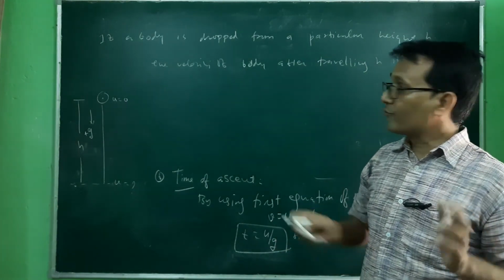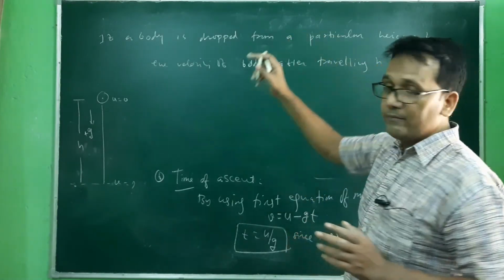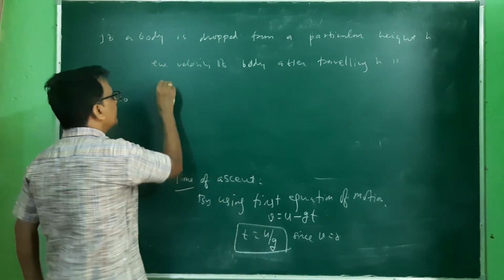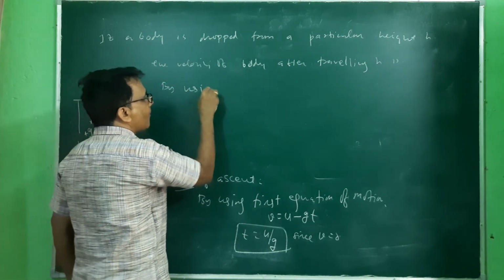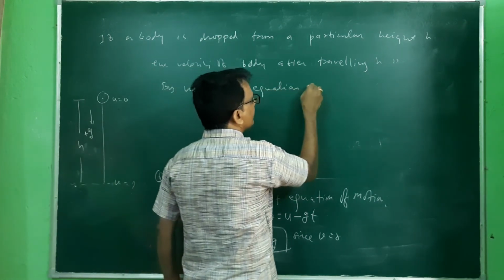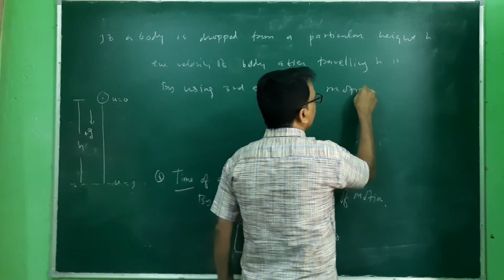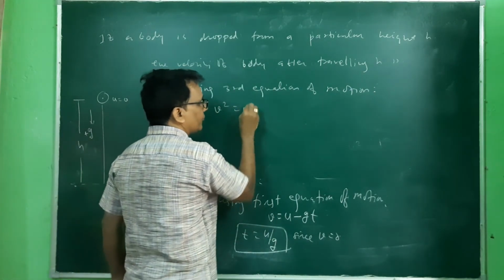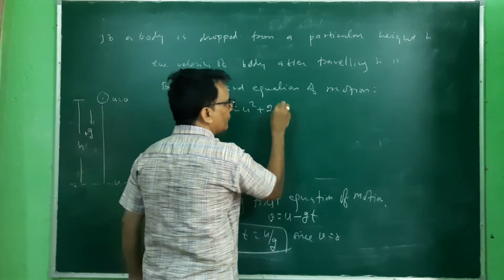There is no time term. So we will use the third equation. By using the third equation, we have v square is equal to u square plus 2gh.